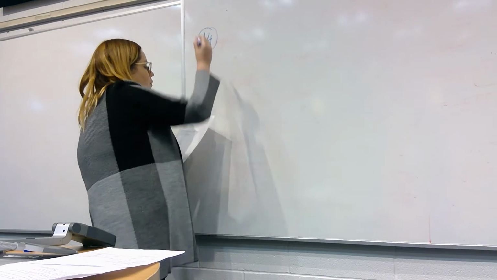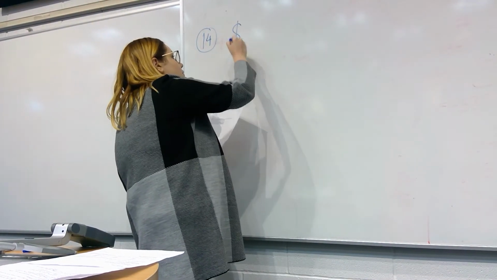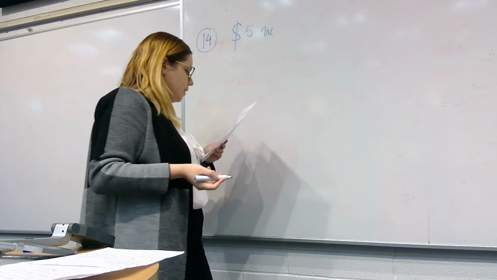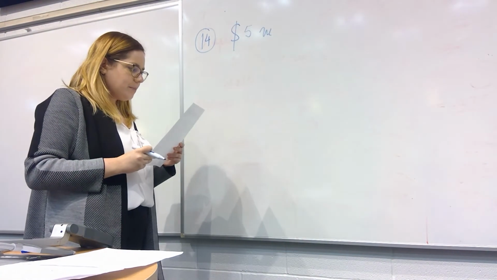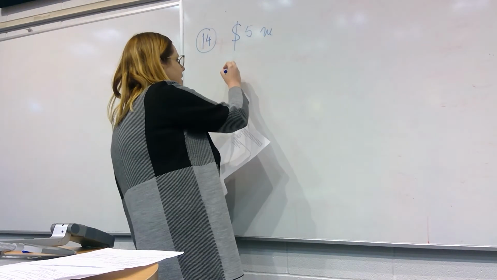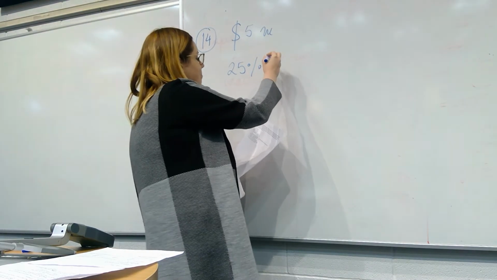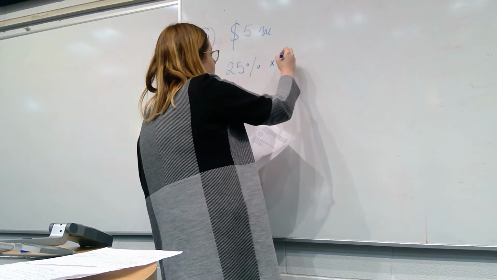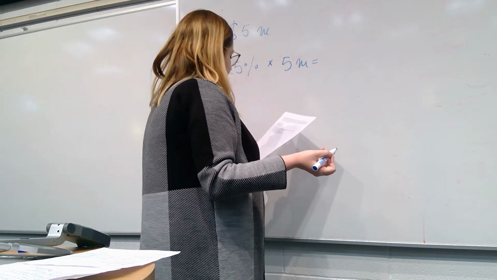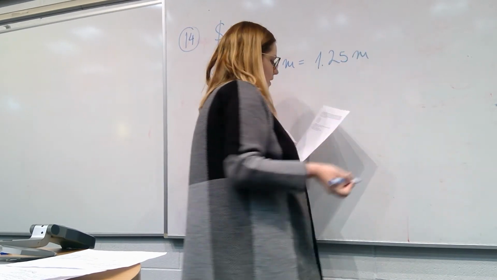We know that there is $5 million worth of securities purchased, and the desired reserve ratio of all banks is 25%. So 25% of 5 million would go to reserves, and that will be 1.25 million.